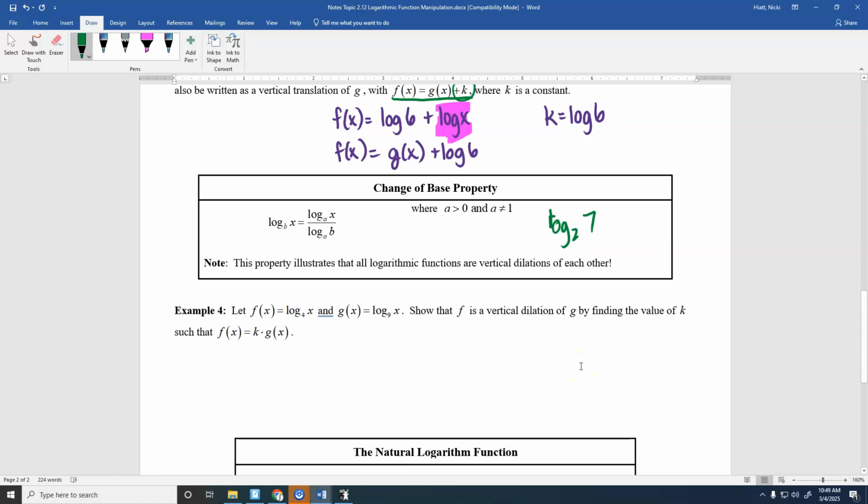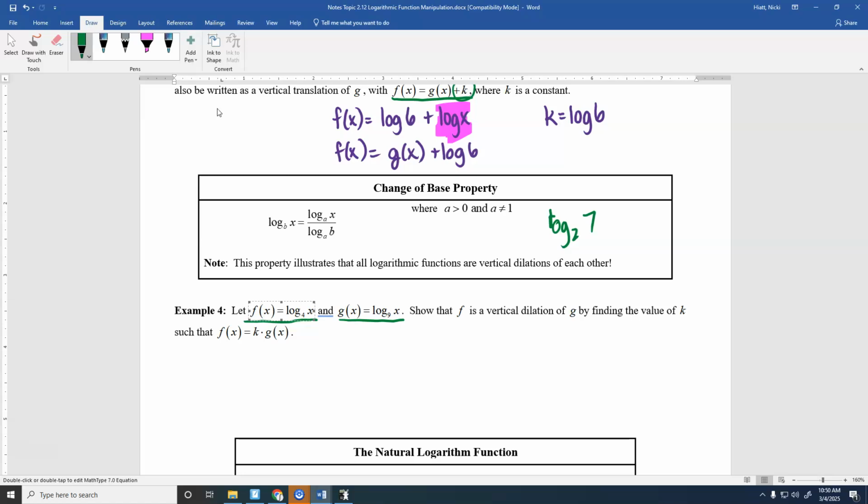So if we look at what's supposed to happen here, I am starting off with f, which is a log base 4, and I'm supposed to get some number times g, which is a log base 9. So I'm needing to change a log base 4 to a log base 9.